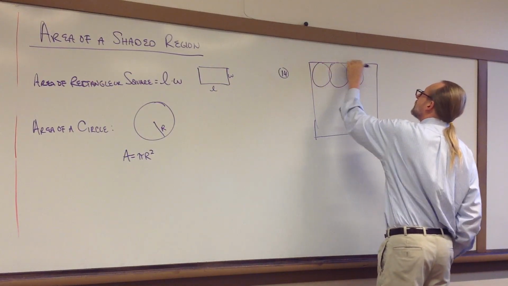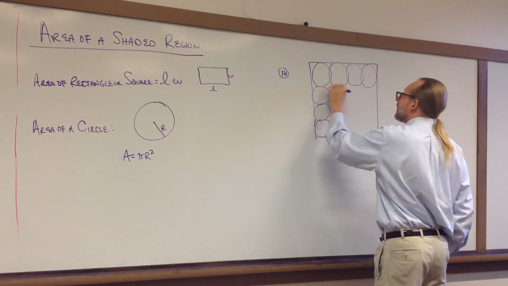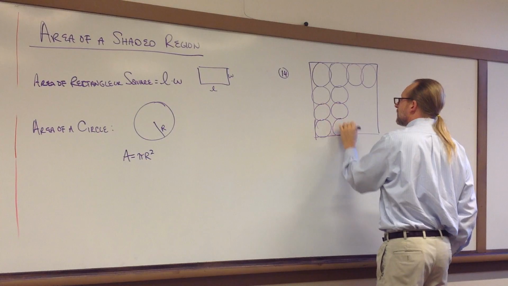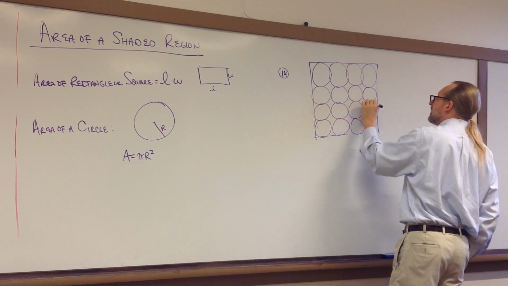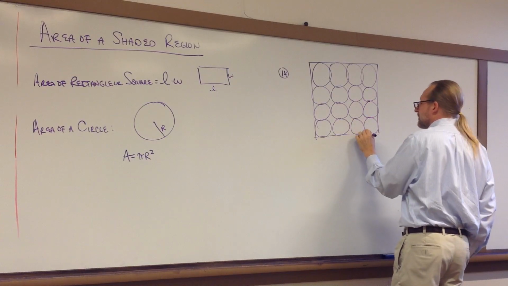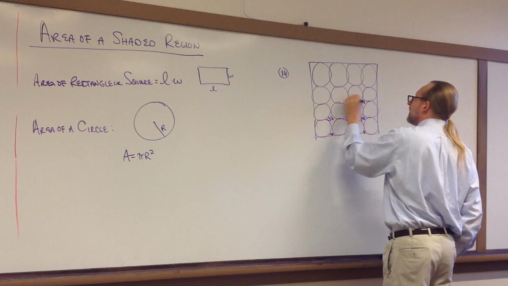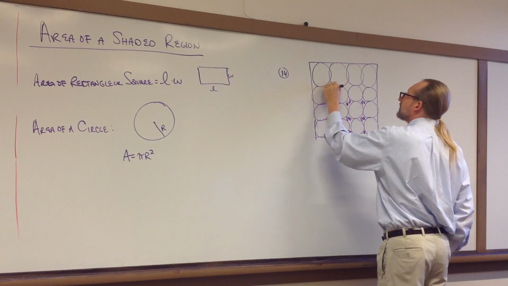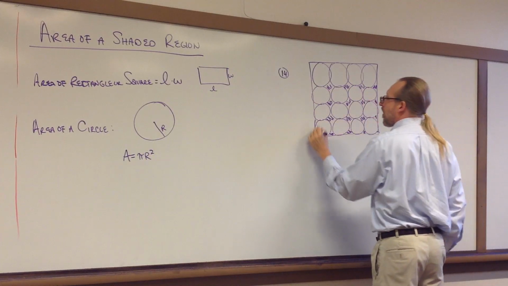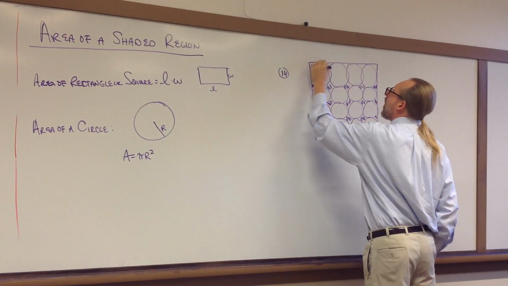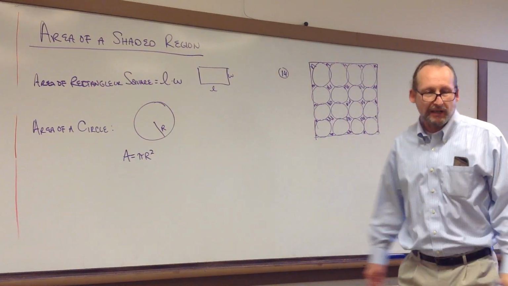So you'll have to just sort of imagine that my drawing is a good representation of the problem. The shaded areas are everything except the circles. Okay, now that's not too bad.